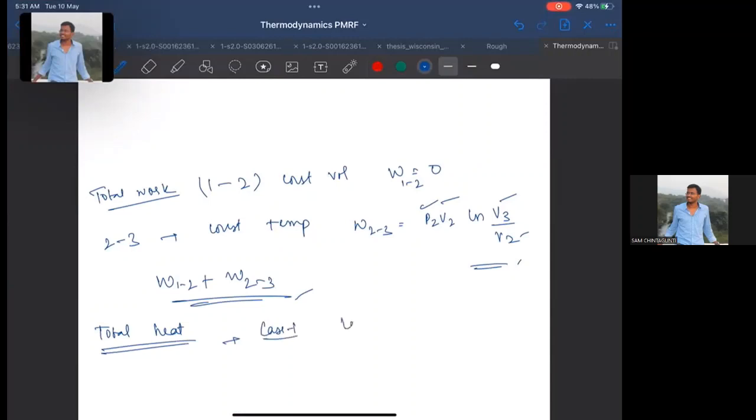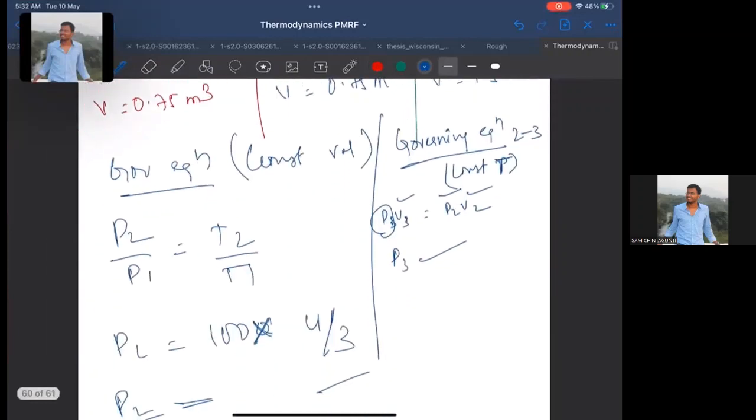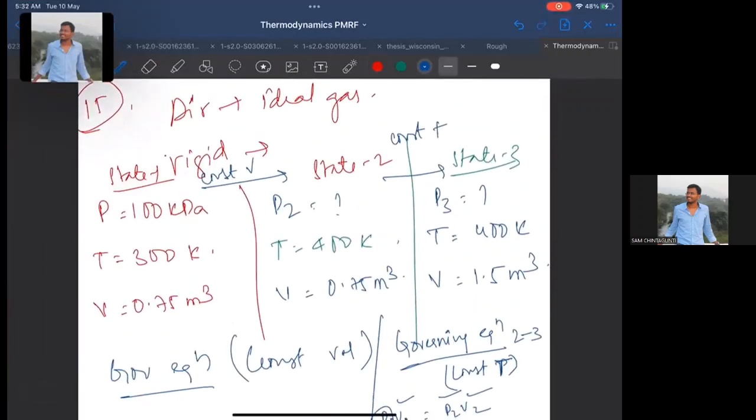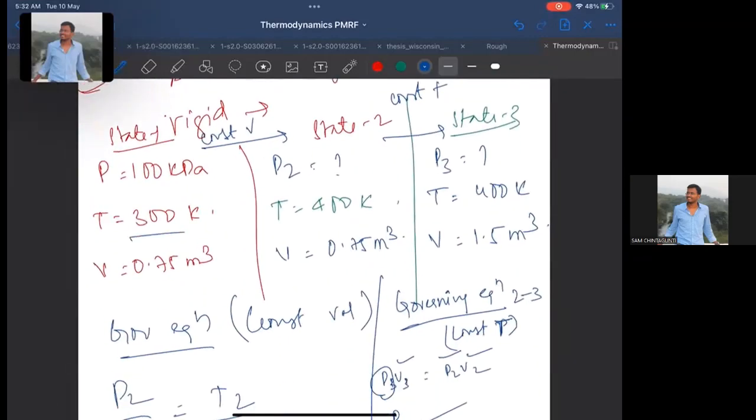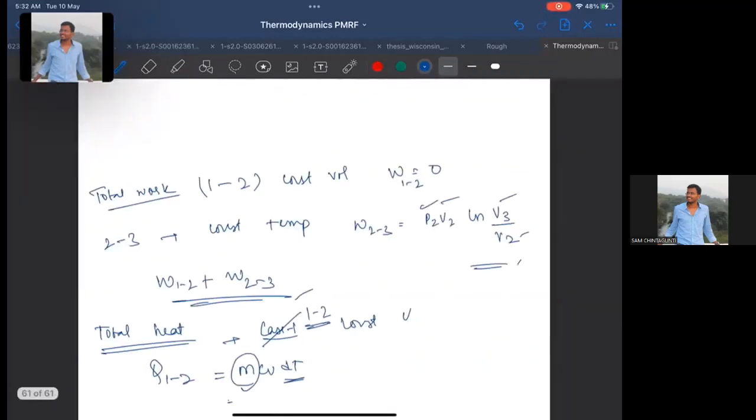For the 1 to 2 process, constant volume, Q1 to 2 is m Cv dT. Okay, we don't know the mass. Mass is not given directly. dT, you know the temperatures, both temperatures, and Cv of air is already known.